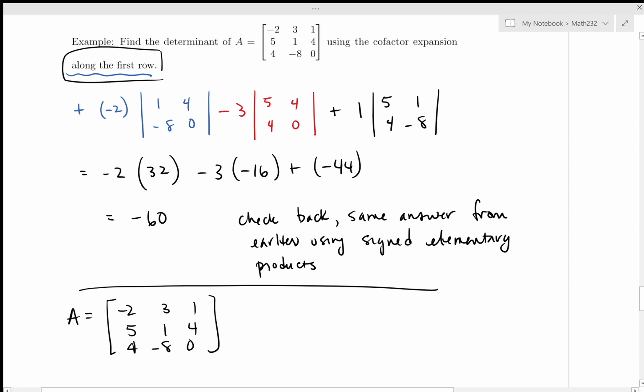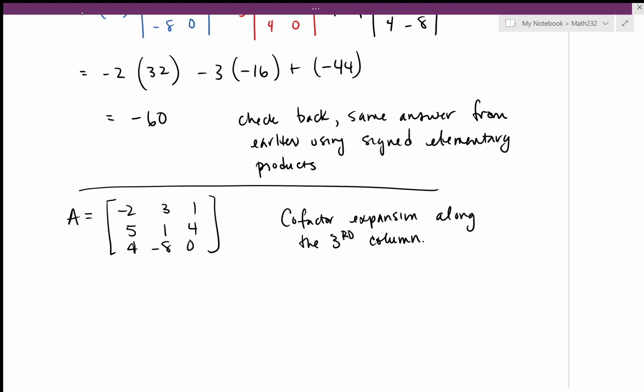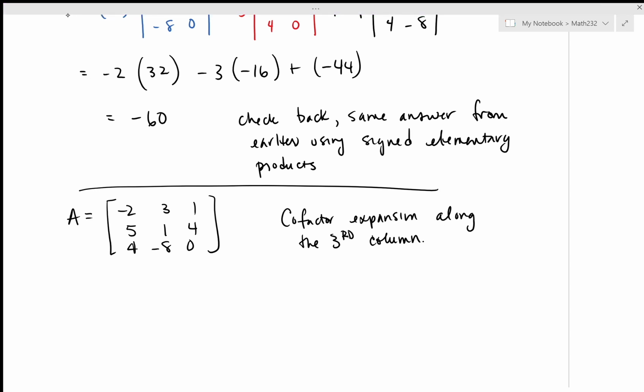Okay, now I'm going to do cofactor expansion along the third column.